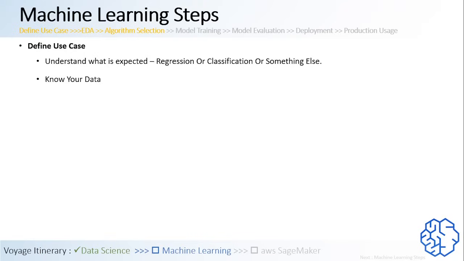So before you start doing anything else, you must define what the program is supposed to do. Don't worry what data is available. Don't worry whether it is classification, regression, or what type of problem it is. Just think about what it is that the business or I want this program to do. That is defining your use case.